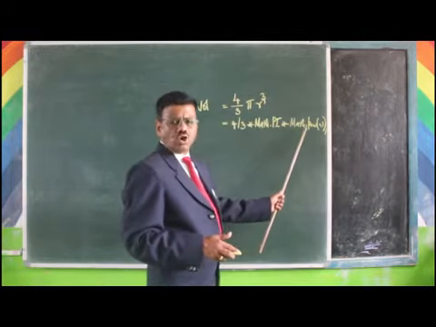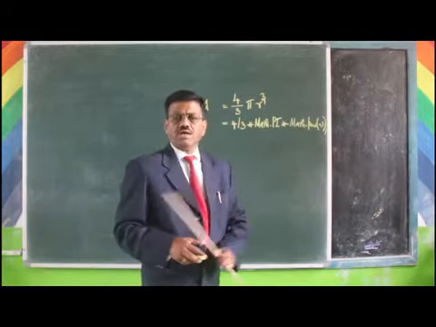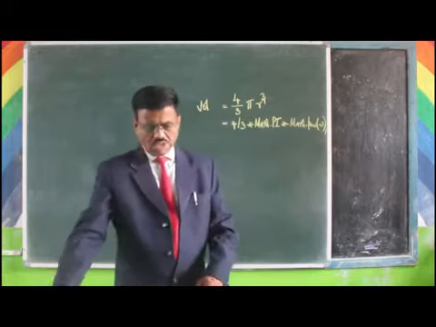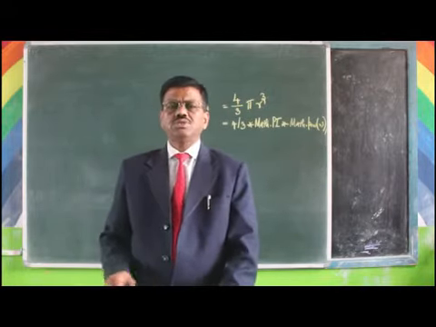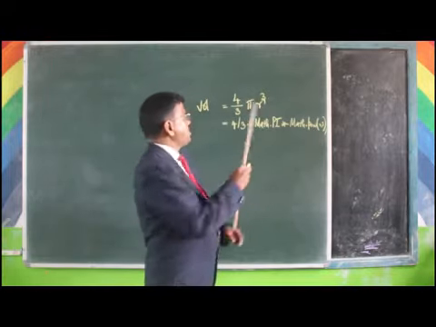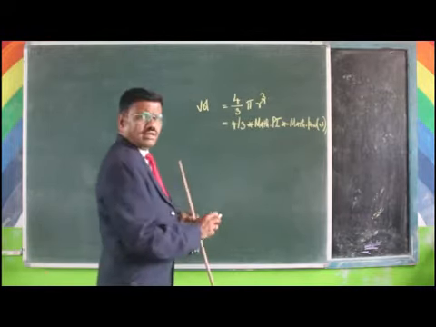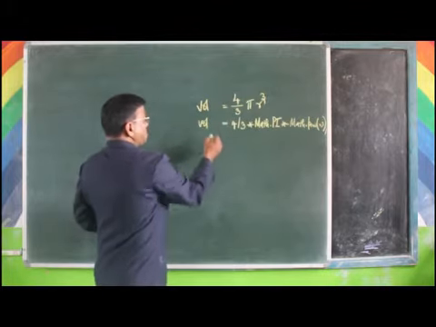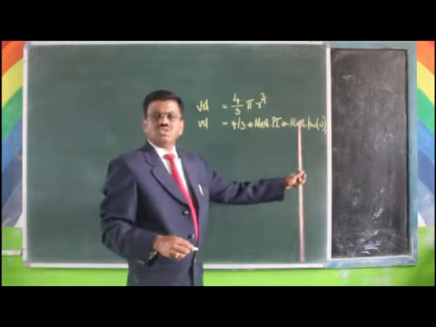Into Math.pow, POW means power. r comma 3 means r cube. Is it clear? So this is how the algebraic equation has been converted into Java form.